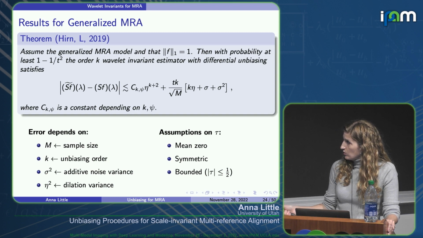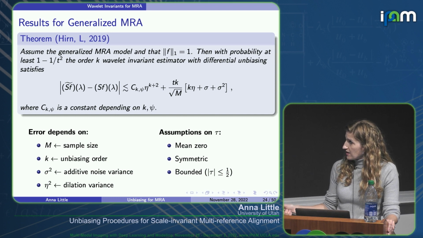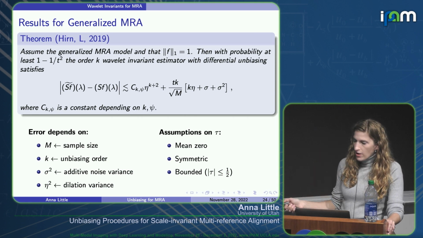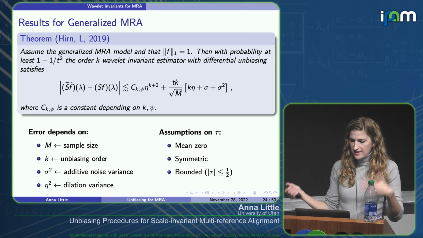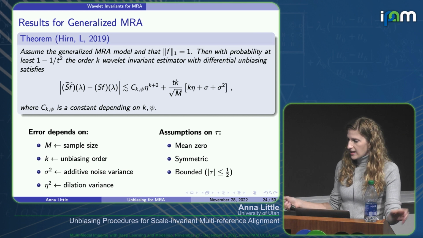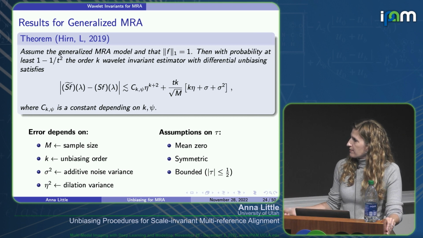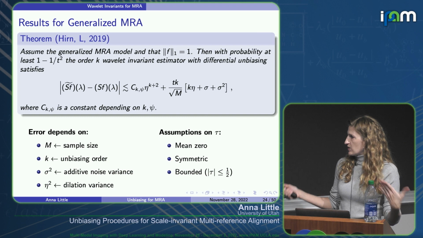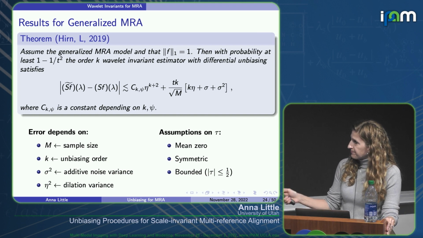We have these two terms. We have this eta to the k+2, where eta is the standard deviation of the dilation distribution. And then we have this 1/√m term, depending on both eta and sigma. So overall, the error depends on the sample size, the unbiasing order, and the noise levels, and we do have some assumptions on the dilation distribution, but they're pretty minimal. It's mean zero, symmetric, and bounded.